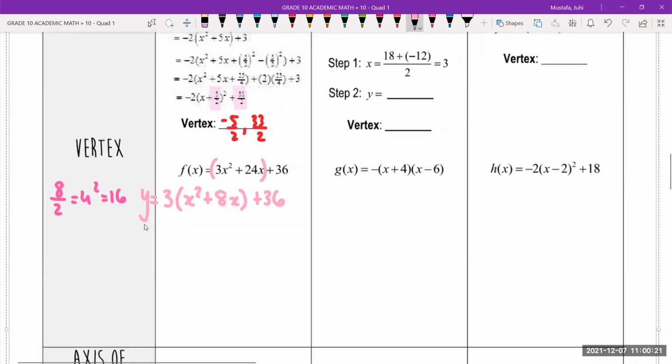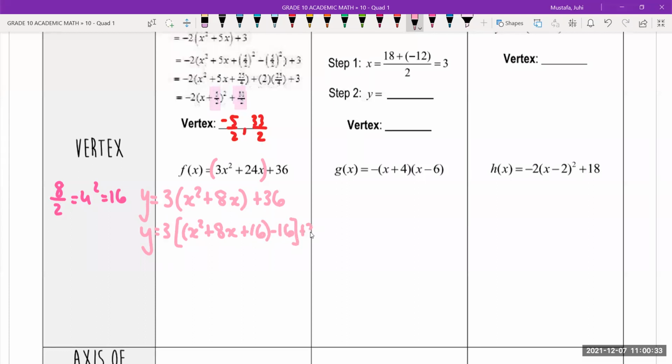Okay, so now it's going to be y is equal to 3 square bracket x squared plus 8x plus 16 minus 16 plus 36. I factor this and I'm going to end up getting x plus 4, all of it squared, minus 16 plus 36.